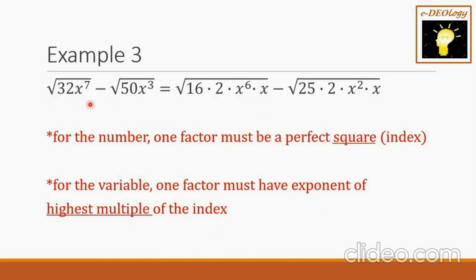So the factors for x raised to 7 are x raised to 6 and x. For the second radical, the 50 is factored into 25 and 2. We know that 25 is a perfect square number. For the x cubed, the factors will be x squared and x.